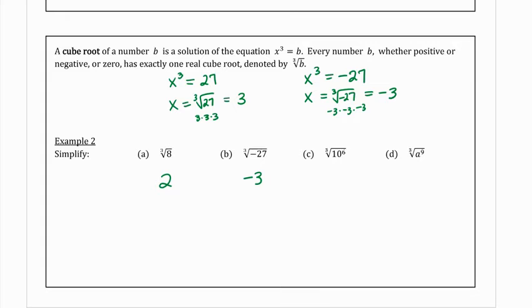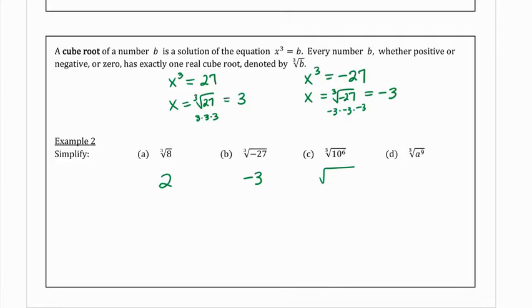If I want the cube root of 10 to the 6th power, again, I'm looking for what can I multiply times itself to get 10 to the 6th. I'm going to focus on that exponent. When I'm doing exponents, remember when I multiply the bases, I would add the exponents.